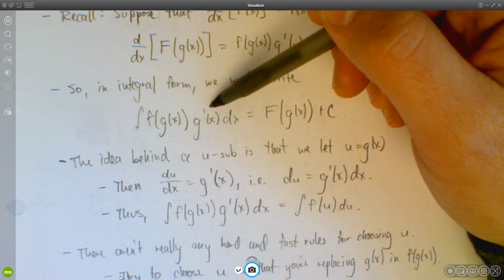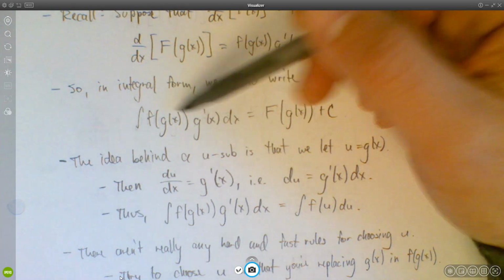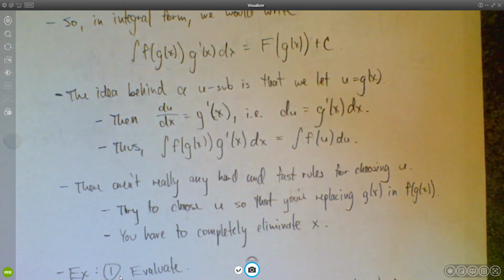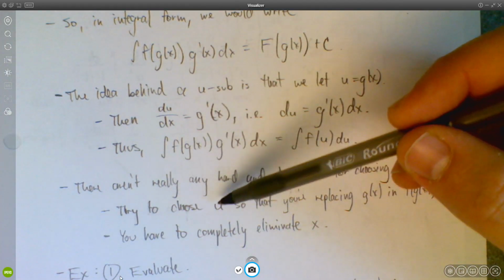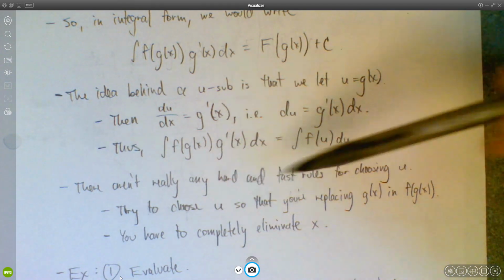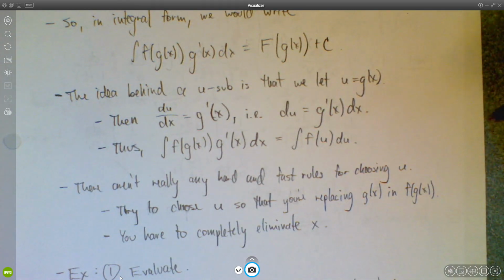If you notice that the derivative of something else is sitting in with the problem, then you can usually let u be that thing. It doesn't always quite work that way, but basically that's the driving force here: we're going to try to choose u so that we're replacing the g of x in the composition f of g of x.